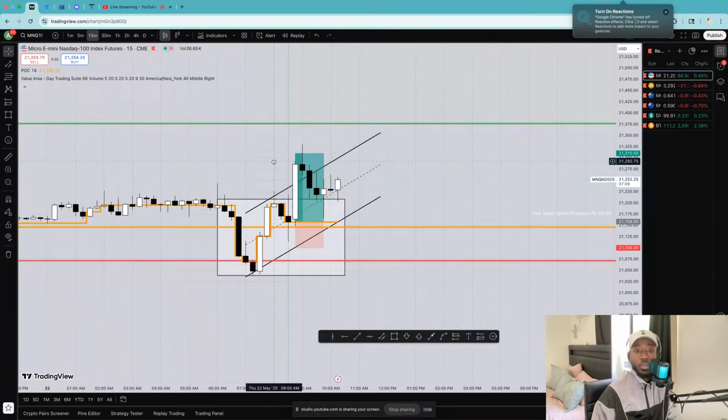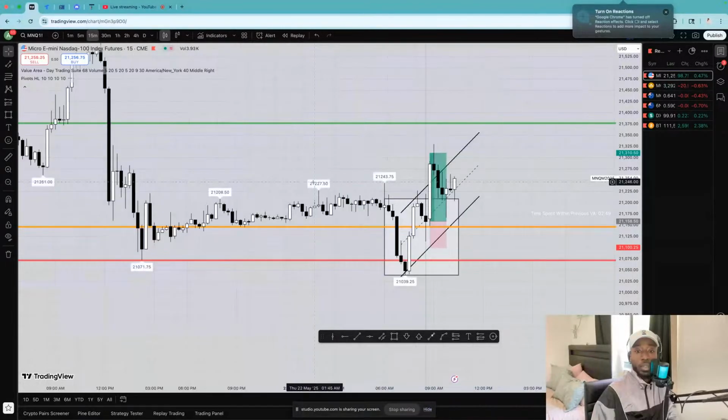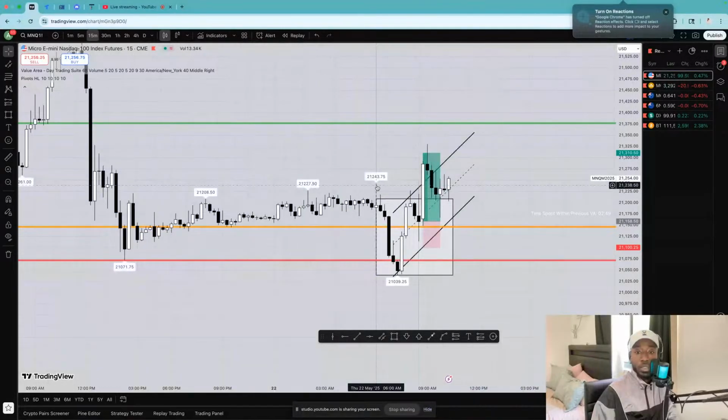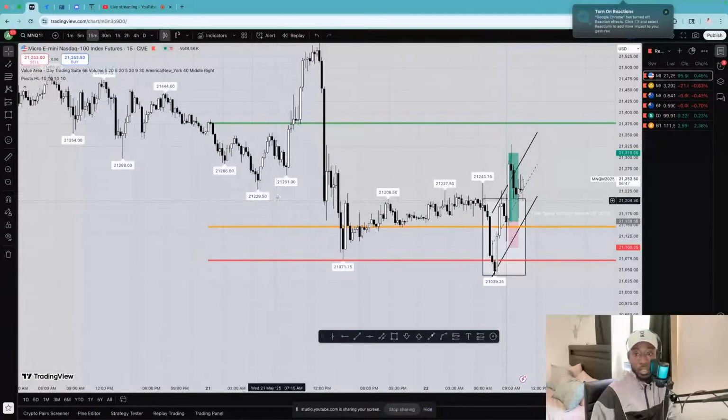You can also use, if you don't want to use POC as your target basis, then you use value area, pivot points. Pivot points also help with targets. You use that pivot point, TP, that one. So here's TP.